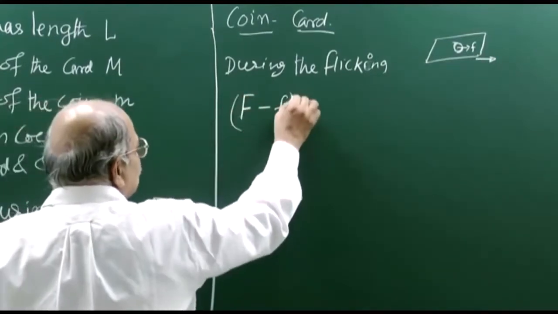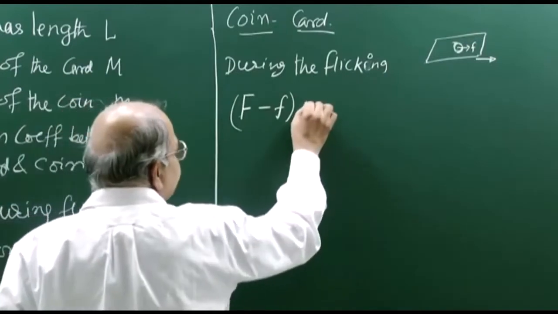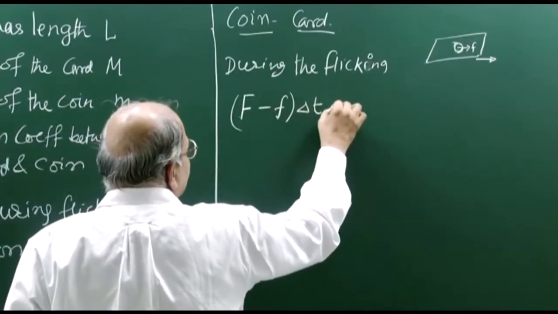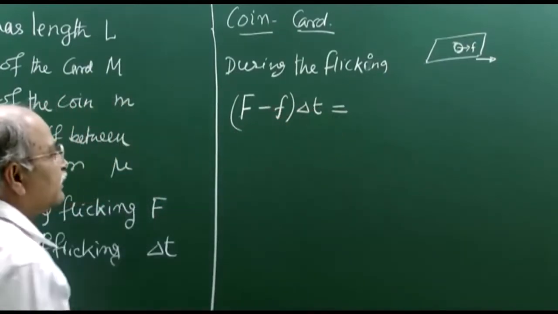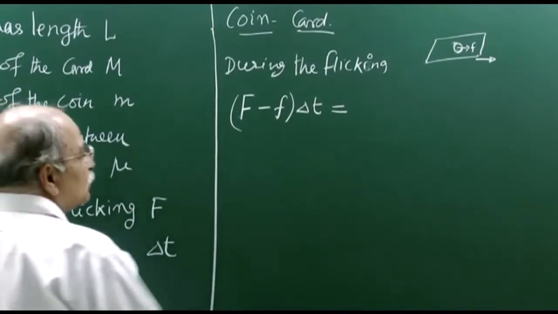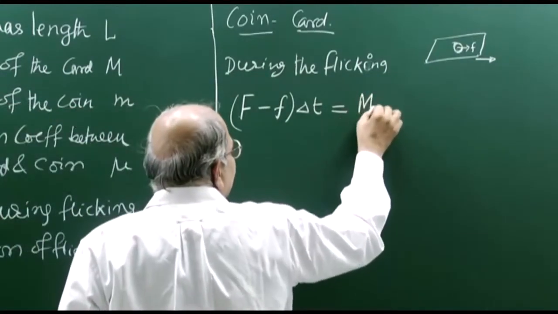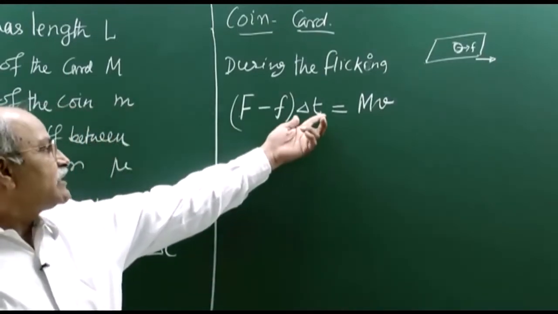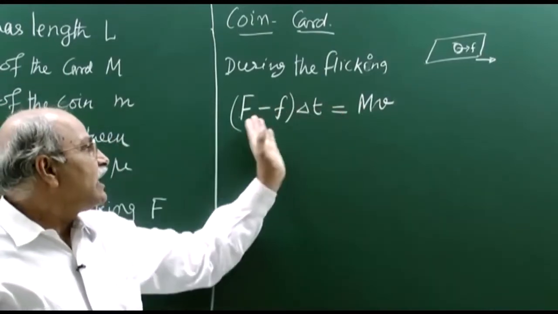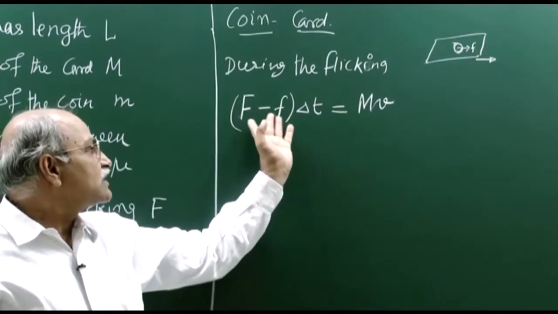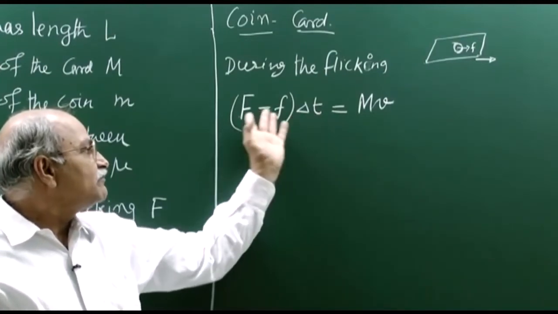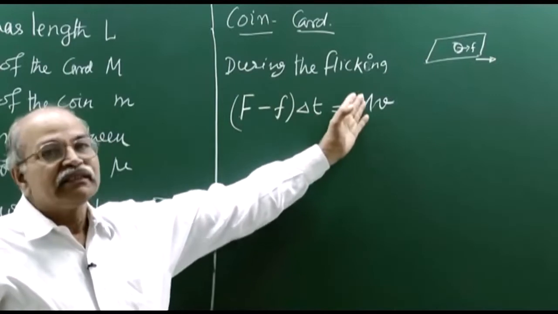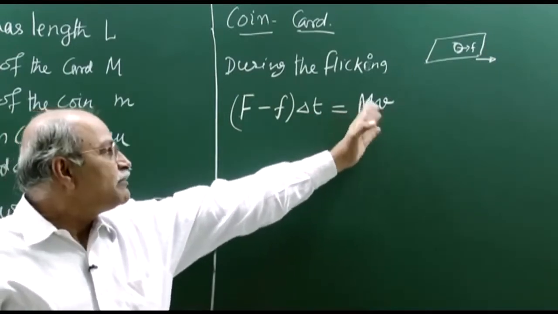If you multiply this by delta t, this is the impulse, which is the change in momentum. Originally it was at rest. In this time delta t, it gains some velocity v, and this force times this time interval should be the change in momentum, which should be M into v.